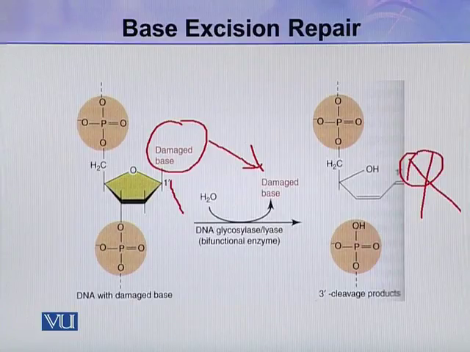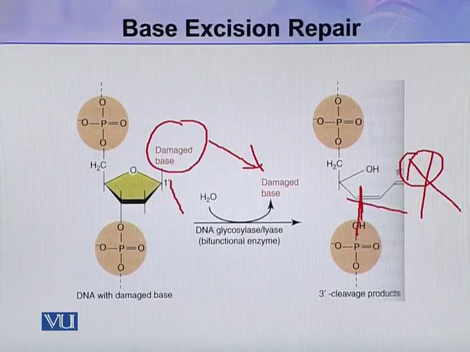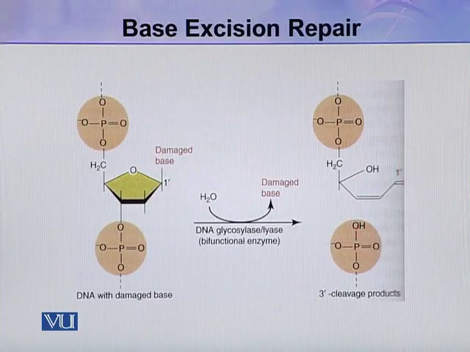So the second step is the cleavage of this 3' linkage between the phosphate group and the sugar. So this bond is cleaved. In this way, this DNA glycosylase performs two types of functions, that is N-glycosyl cleavage and this ester bond cleavage.